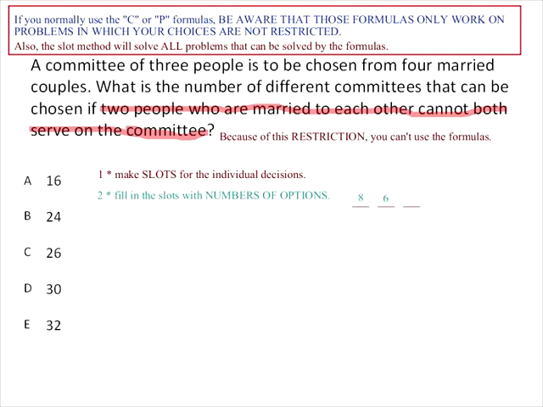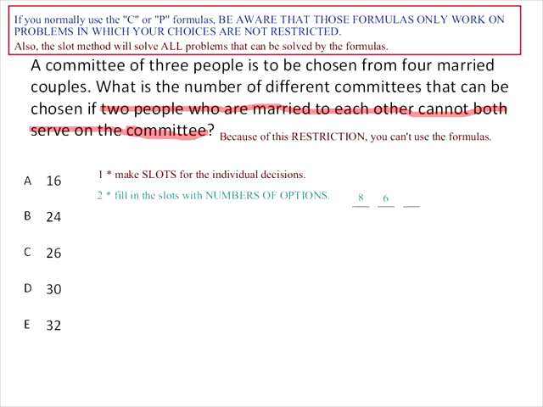But it's 6 because once you've chosen this person, you can't pick the same person again, but you also can't pick whoever they're married to. So here's the way it works.